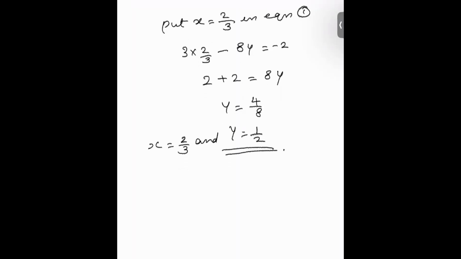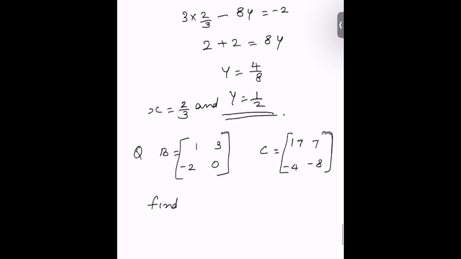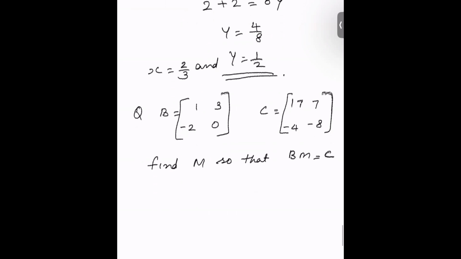Question is, if B and C are two matrices such that B is equal to 1, 3, negative 2, 0, and C is equal to 17, 7, negative 4, negative 8, find M so that BM equal to C. Okay, so they want us to find out M. M is a matrix.